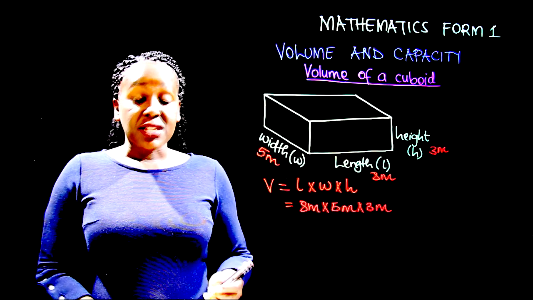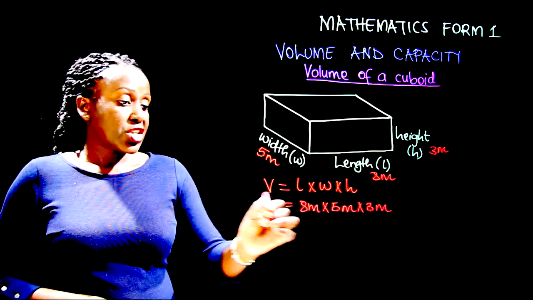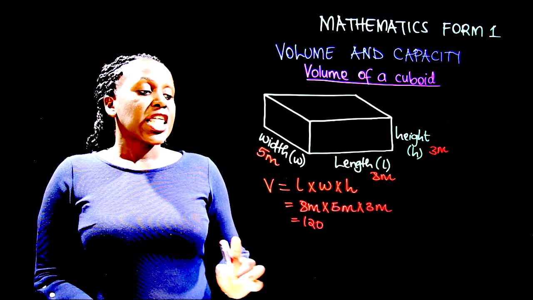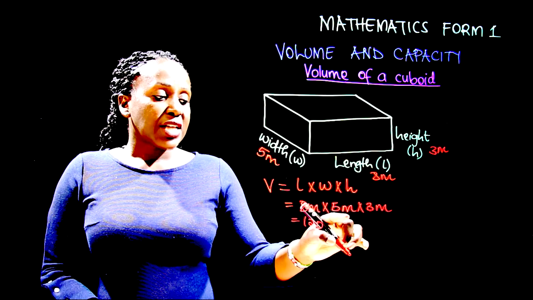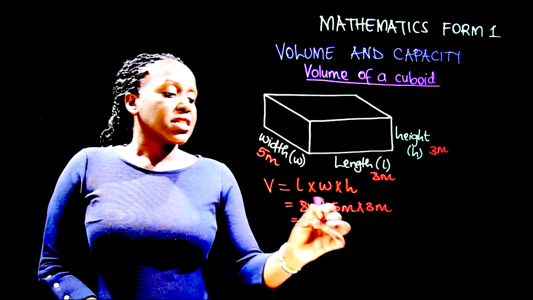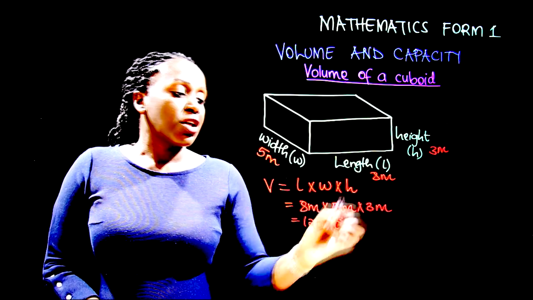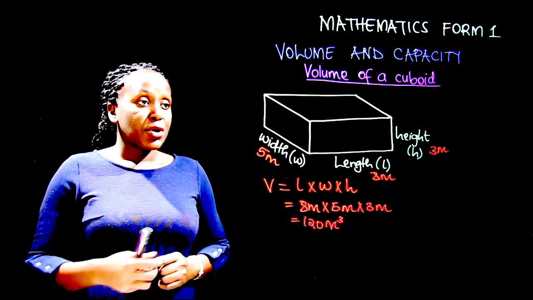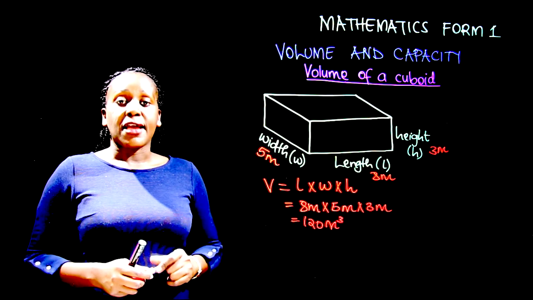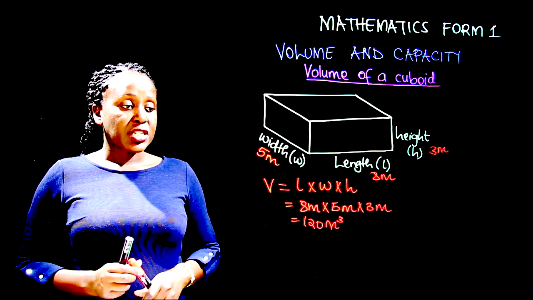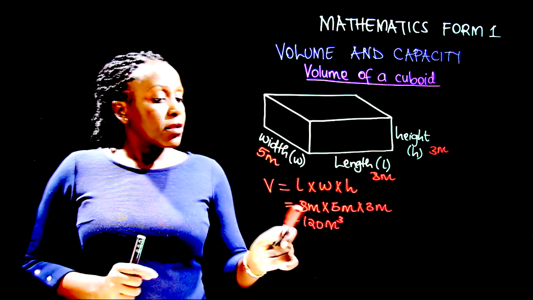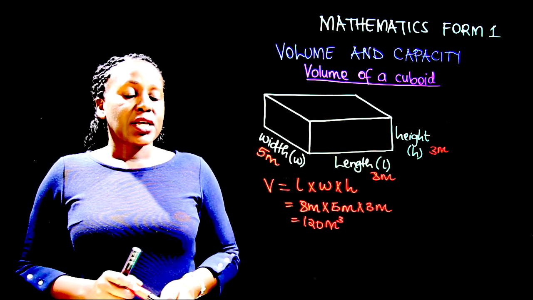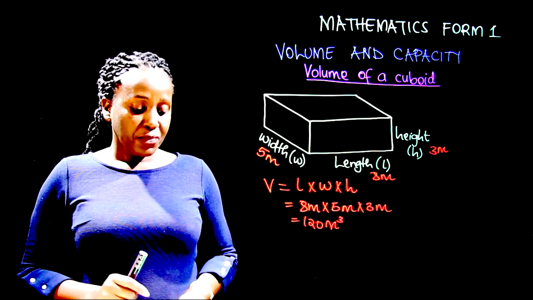So 8 times 5 is 40. 40 times 3 is equal to 120. Now remember, this is meters times meters times meters. That makes it meters cubed. So whenever you calculate your volume, no matter the shape or the solid you have been given, ensure that you don't forget the units. So the volume of this cuboid would be said to be 120 meters cubed.